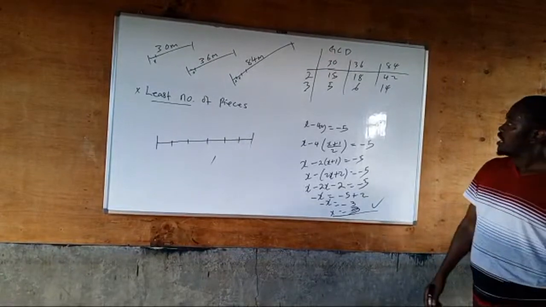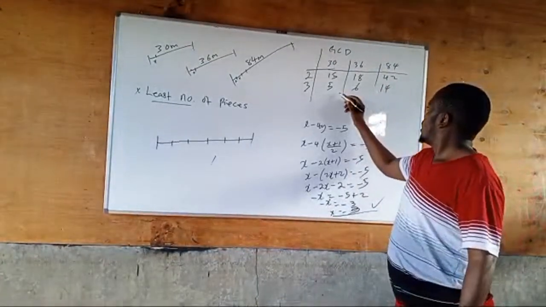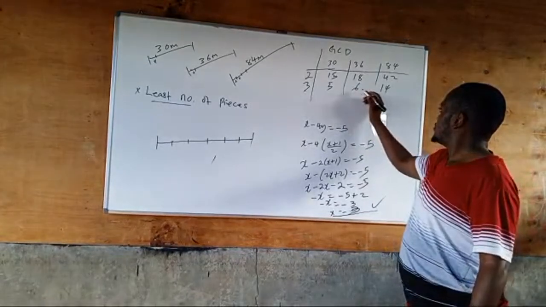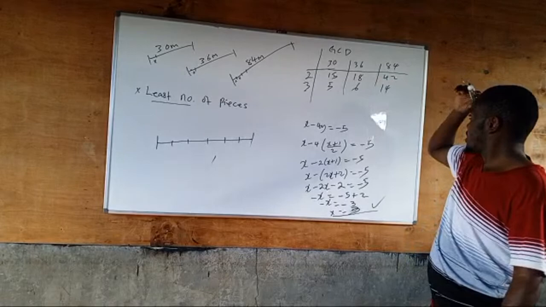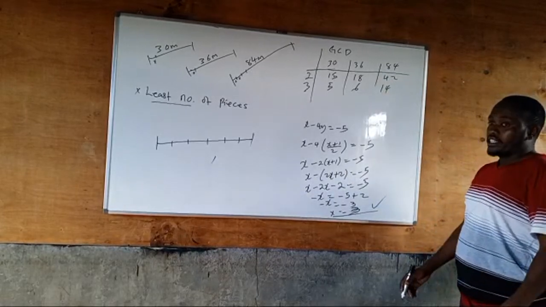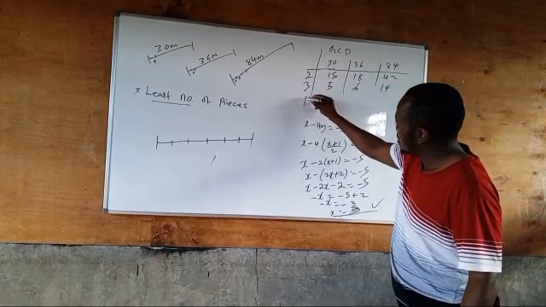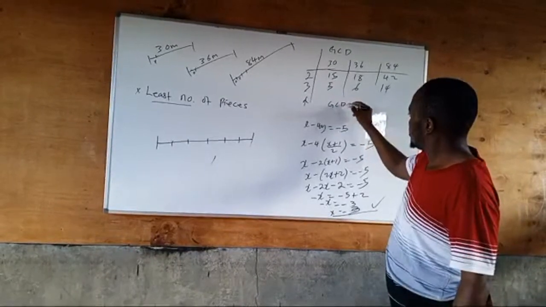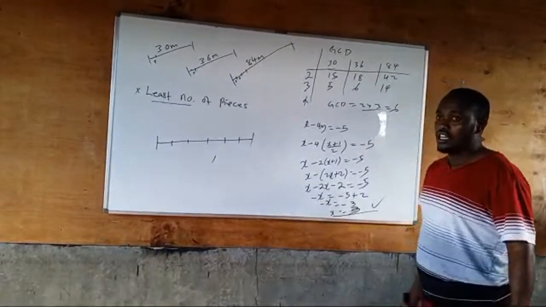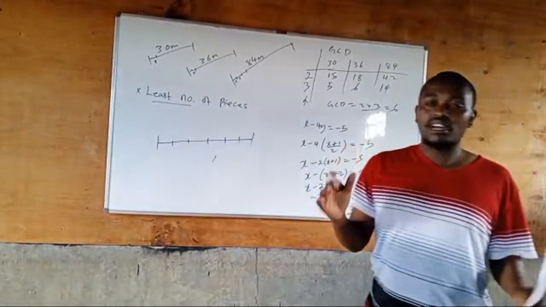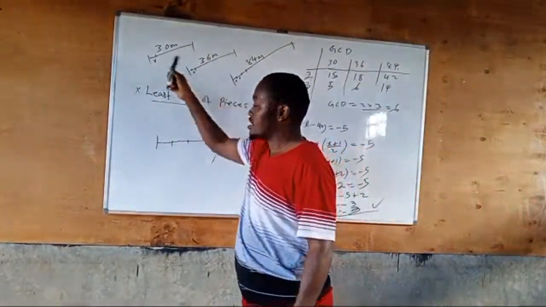Iko sawa. Now any other common factor in 5, in 2 na 3 in 2. Okay, so this is the GCD. So GCD equals 2 times 3 equals 6. This is the greatest number you can divide all these pieces with.